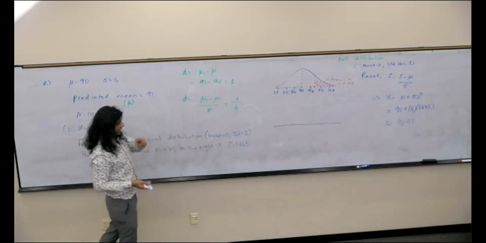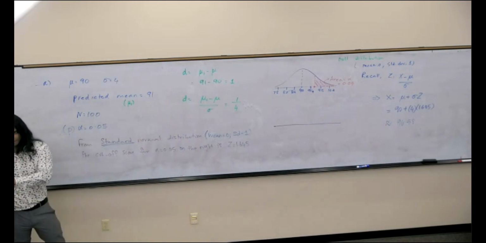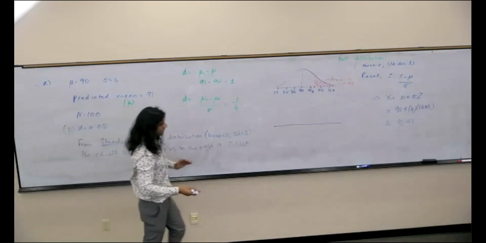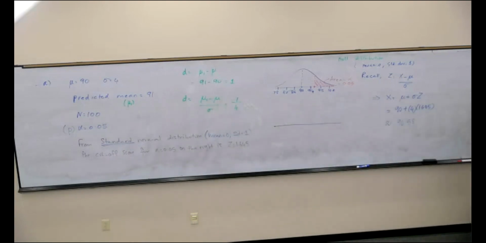Now we want to sketch the predicted distribution. At the end of class last time, we did sketch it. Yes. Now, what did it look like? Did it have an overlap? Did it not have an overlap? It had an overlap, but not a lot.